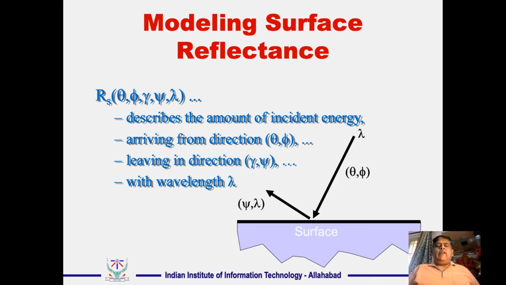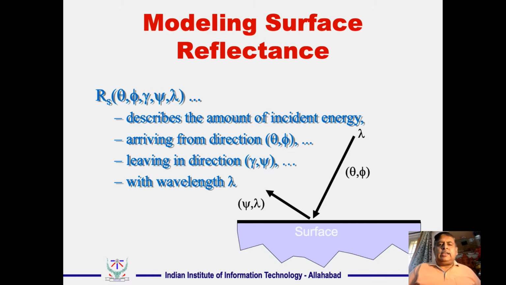Now, if I have a surface and I have an incident beam of wavelength lambda hitting at an angle, the spherical angle of theta phi using spherical coordinates, it reflects at an angle xi lambda. Now this reflection follows the laws of reflection of physics. Basically, if I draw the normal to this surface, the angle of incidence will be the angle of reflection.